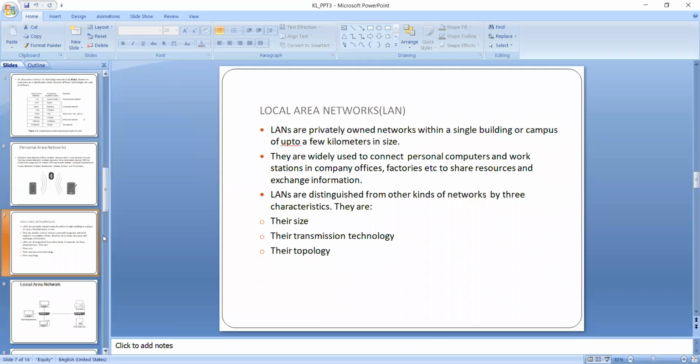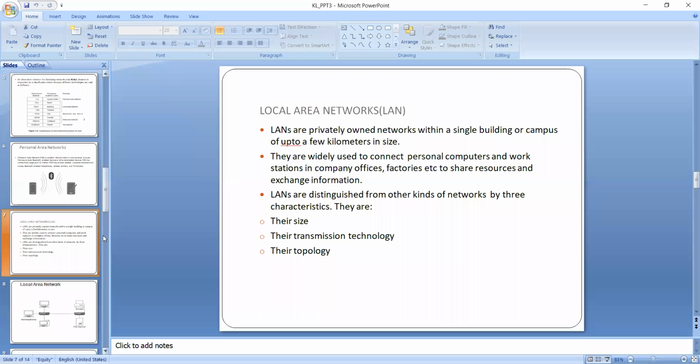There is no necessity for a separate printer for each computer. They can share a single printer. So to share resources and exchange information, the local area network is used in organizations and small companies.